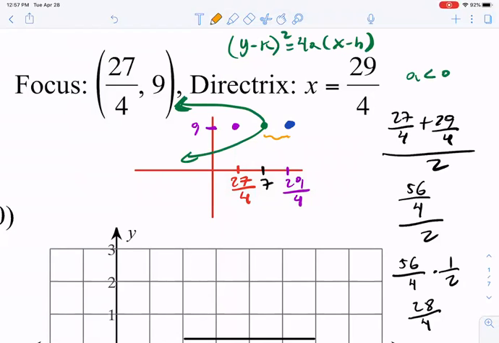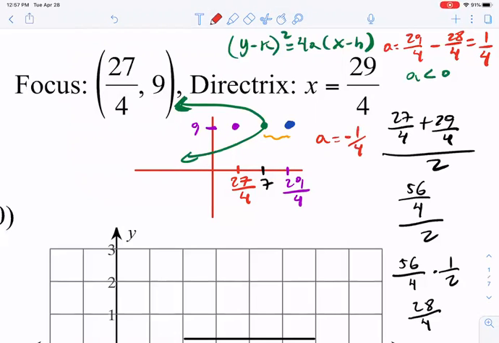It's just the difference between 29 over 4 and 7. So you have 29 over 4 minus 7, which is the same as 28 over 4 as we established before. That's 1/4. But you have to recall that's your a value, and since we're going to the left, that's going to be negative. So a is going to be negative 1/4.